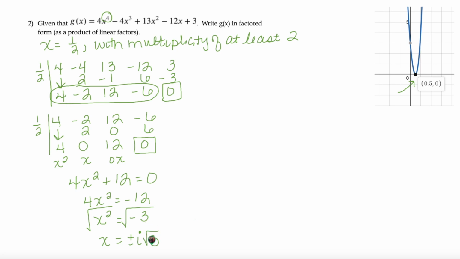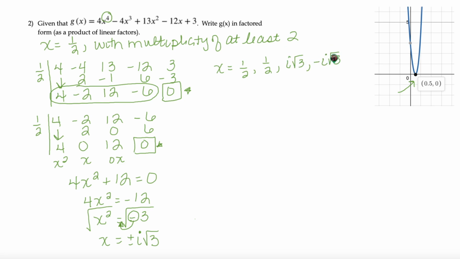So that i portion comes out because of the negative. And we can't take the square root of 3. So here's our two other solutions. So 1/2 gets to be counted twice. So our solutions are x equals 1/2, and 1/2 got to be counted twice because it evenly divided here and here. We also had positive i square root 3 and negative i square root 3.